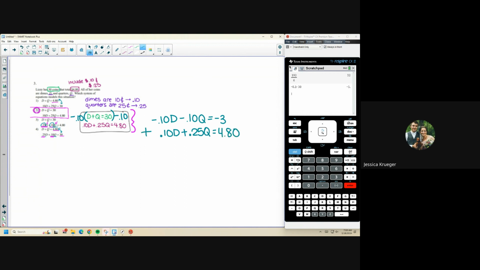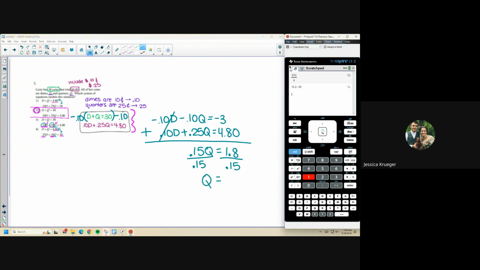And now I'll add these together. My D's are going to cancel. I'll get 0.15 Q equals 1.8 when I add those together. And my last step is to divide both sides by 0.15.